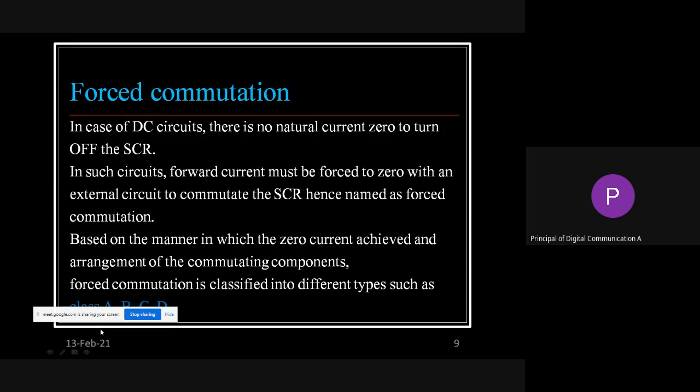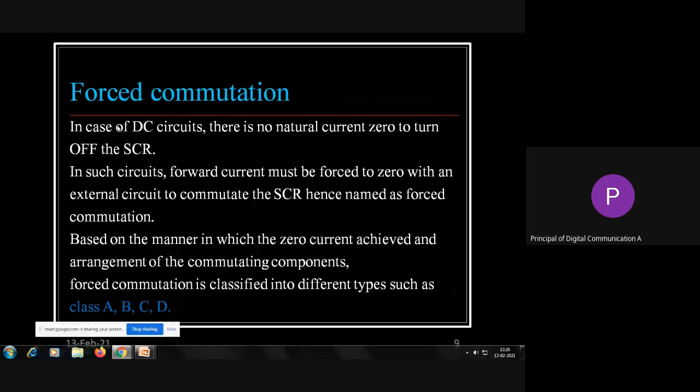So this is what is mentioned over here. In case of a DC circuit, there is no natural current zero to make the SCR off. So in such a circuit, forward current must be forced to zero. To force it to zero, we have to add additional circuitry, and they are called the commutating components.